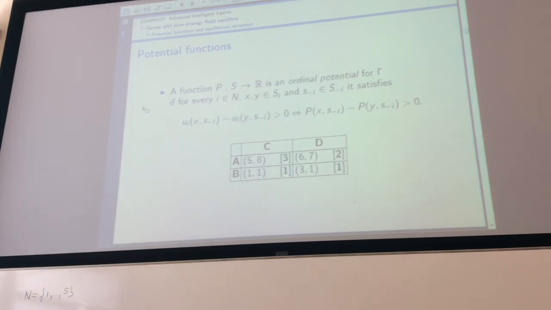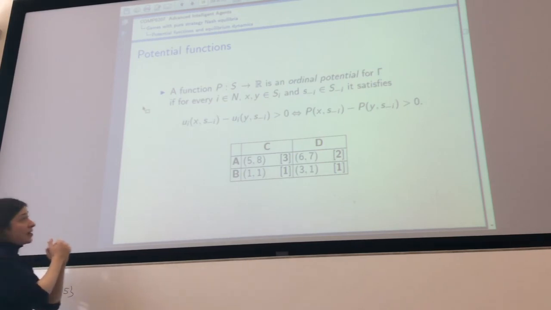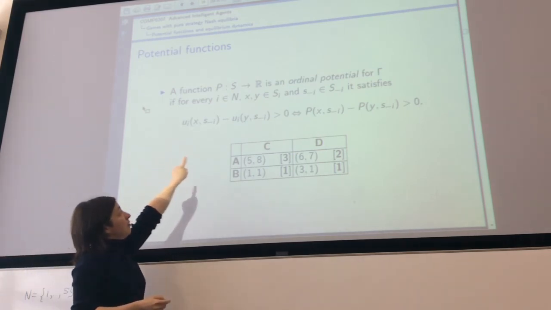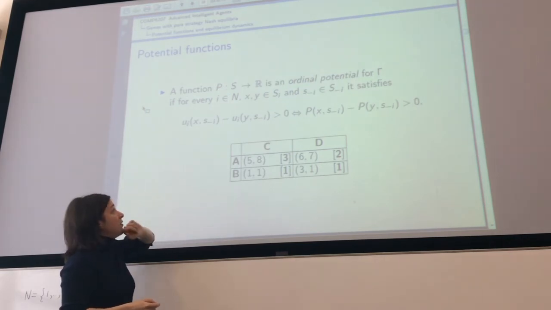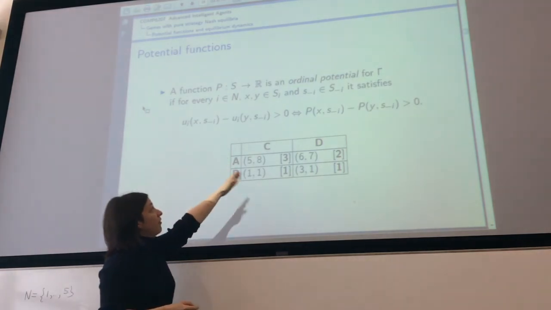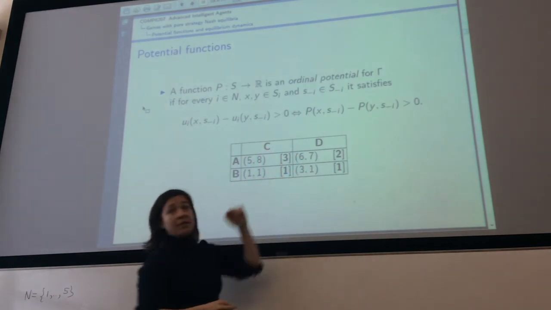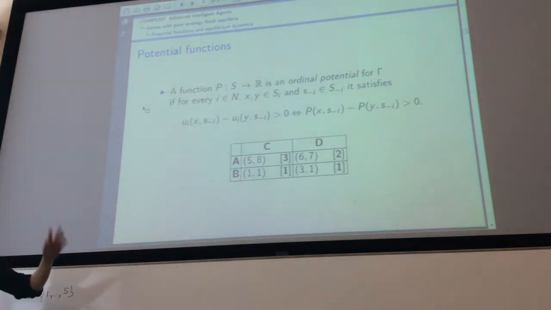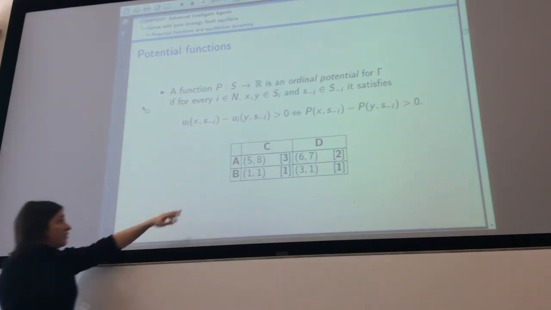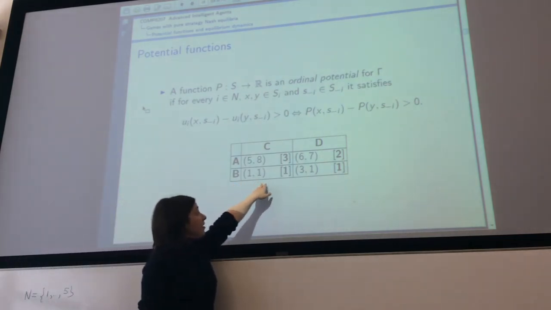So we may relax the definition a little bit, and that would be called an ordinal potential. Pretty much the same thing, except that as long as the increment in the utility is positive, the change in the potential function is positive, and the other way around. Right? I've changed the example slightly.